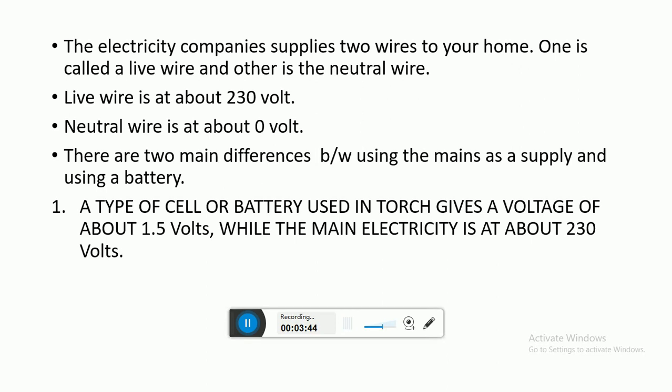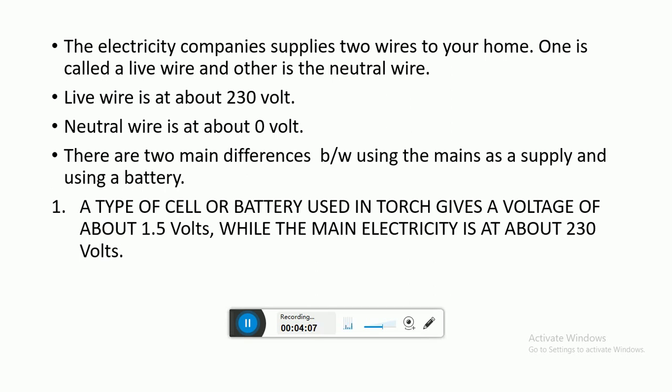So keep in mind, we are going to discuss the differences between the main supply, that electricity that comes at our home from the power station, and the battery.